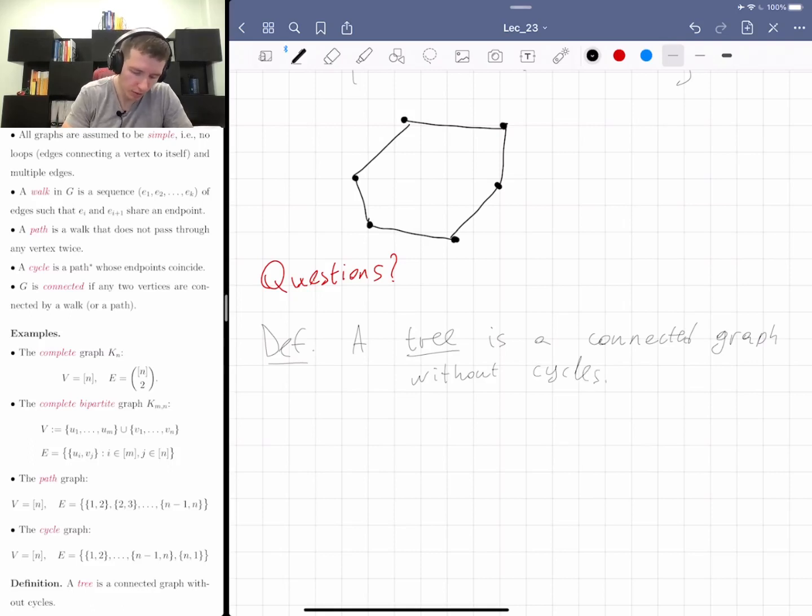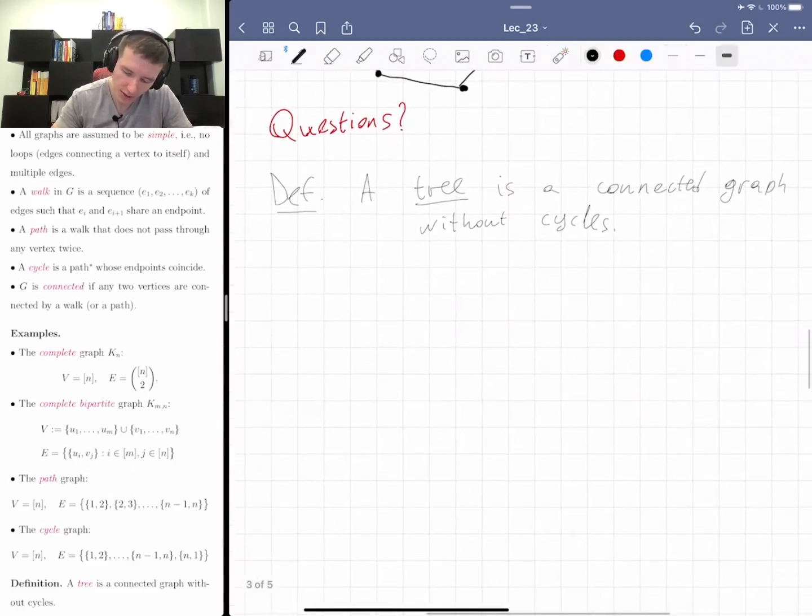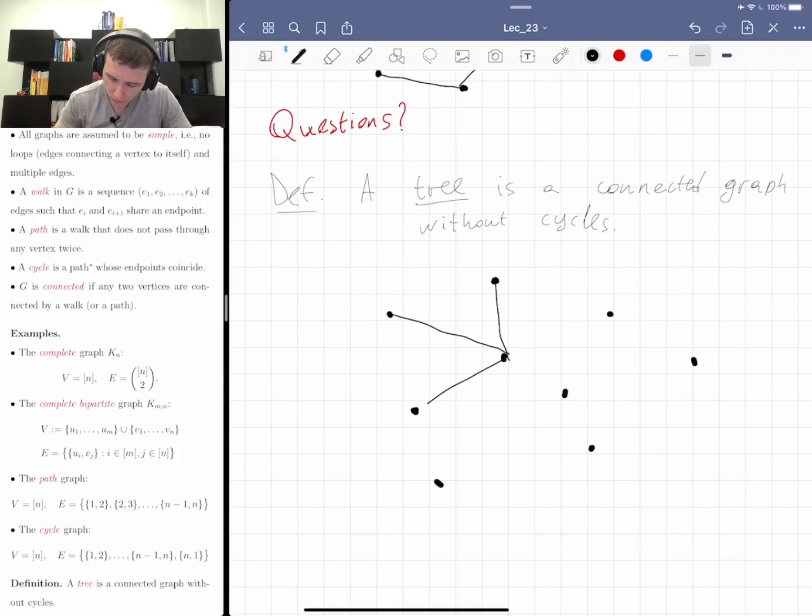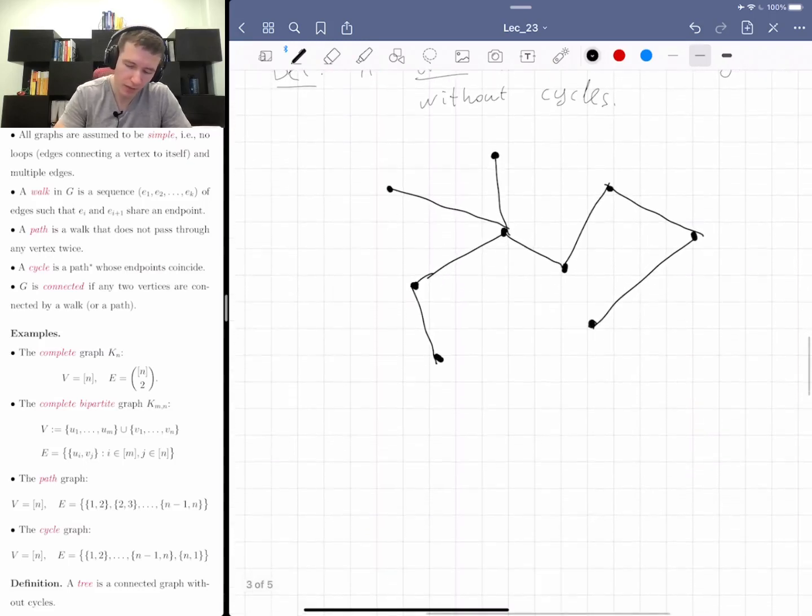So remember, there should be no closed cycle in your graph, but any two vertices you should be able to connect by a path. So here's an example of a tree. It's very easy to draw an example of a tree, something like this maybe.